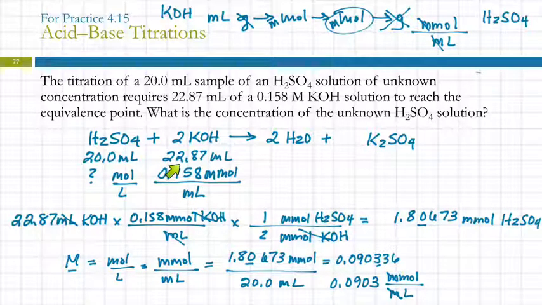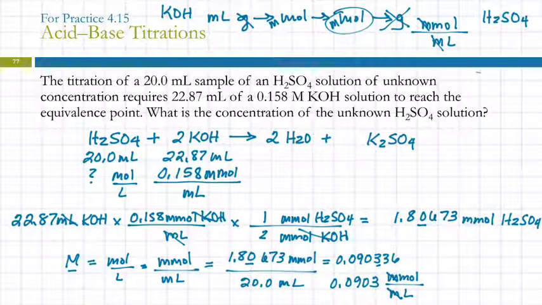So what he's asking is, couldn't we just convert this to liters and then it'll end up the same? Well, we can convert this to liters. We also have to convert this to liters. And so this number will be smaller and this number will be smaller, and we'll get the same answer. Which method you use, you should use the one that makes more sense to you. Okay?